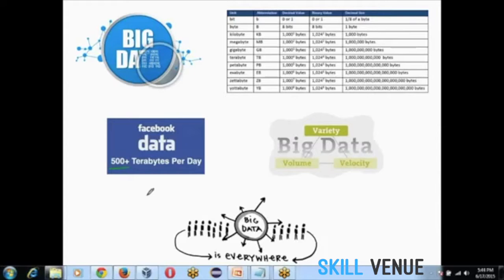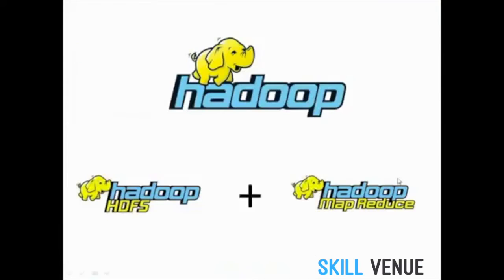We kind of saw that there are two problems that we refer to. One was the storage aspect, and the other one was the processing. So the next slide talks about what is Hadoop. It's to fix the problem both ways.